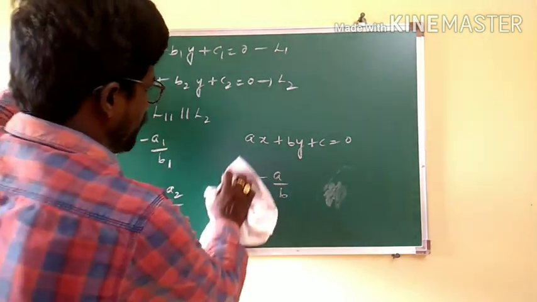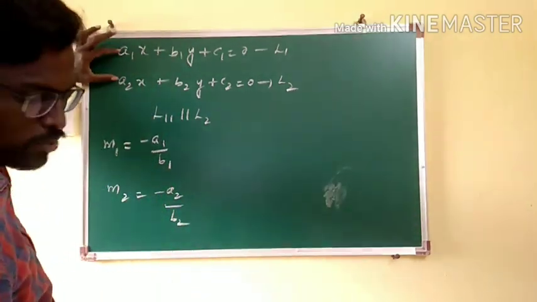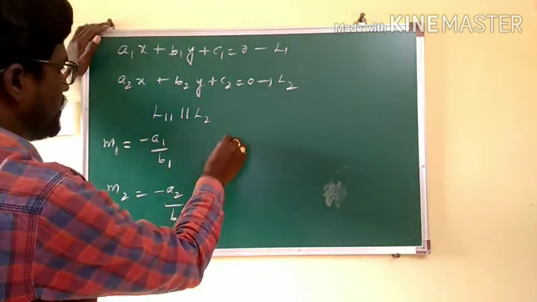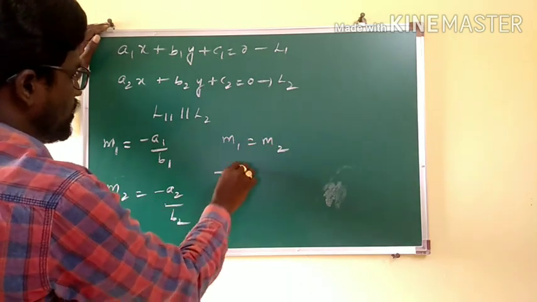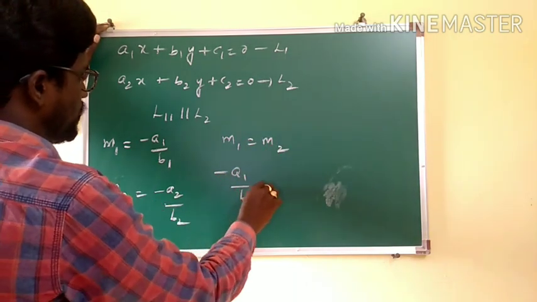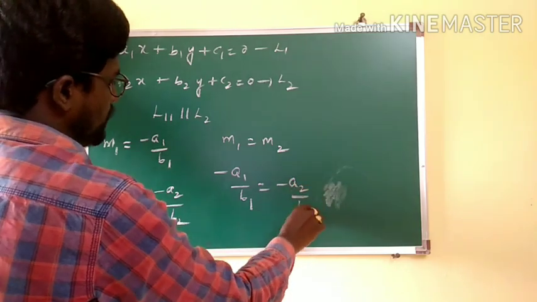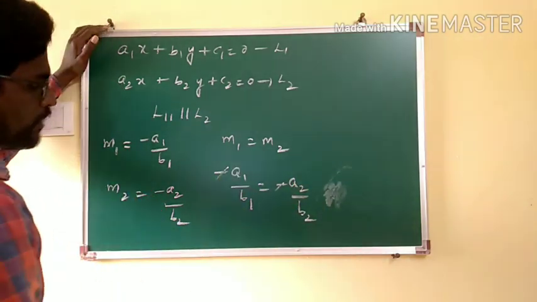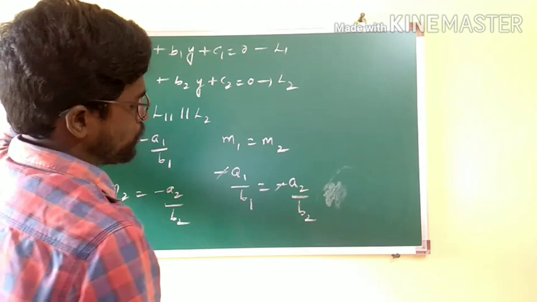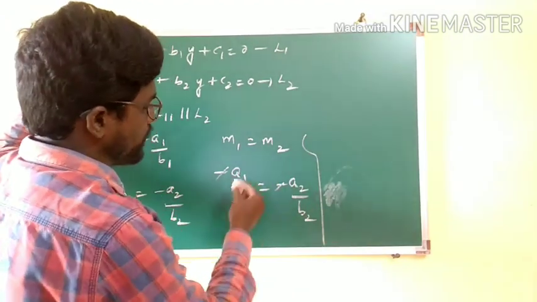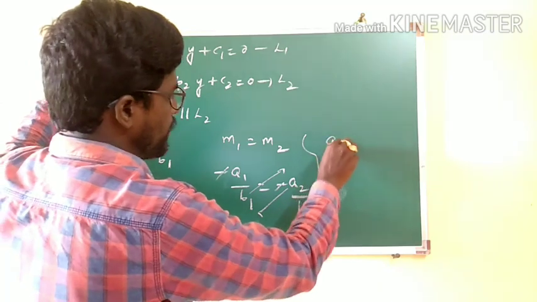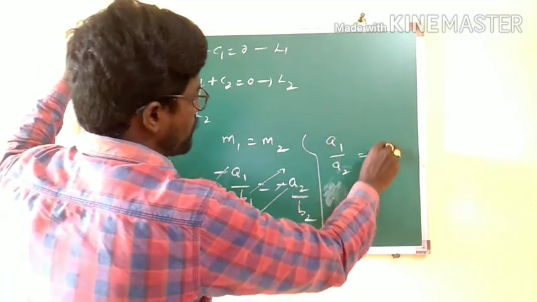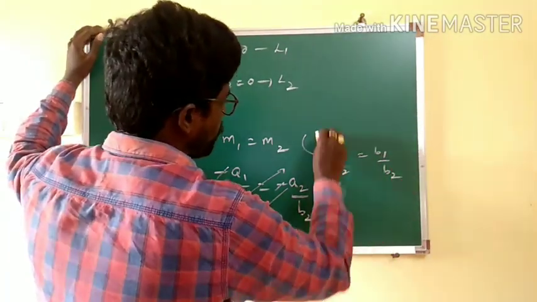So what condition will we establish here? If these two lines are parallel, we will say the slopes are equal. That means m1 is equal to m2. Therefore, minus a1 by b1 is equal to minus a2 by b2, and hence a1 by b1 is equal to a2 by b2. Transposing a2 to the other side and b1 to the other side, you will also notice that a1 by a2 is equal to b1 by b2.